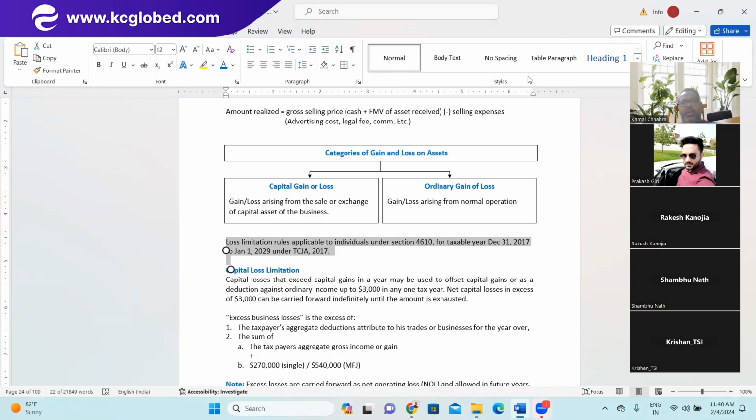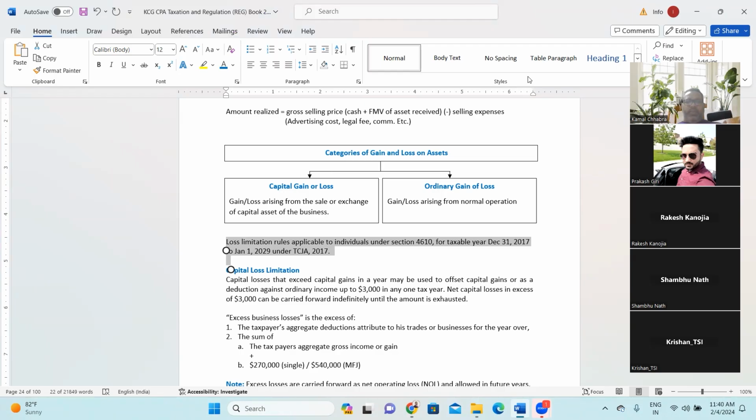Two things here, Rakesh. One is, in any of these 12 years, if there is a capital loss of more than $3,000, that can be carried forward infinitely. But if there was any loss before 2017, that has a time limitation of 5 years or 8 years of carry forward. Same way, any capital loss after 2029, let's assume in 2030, the normal law applies: it can be carried forward for 8 years.